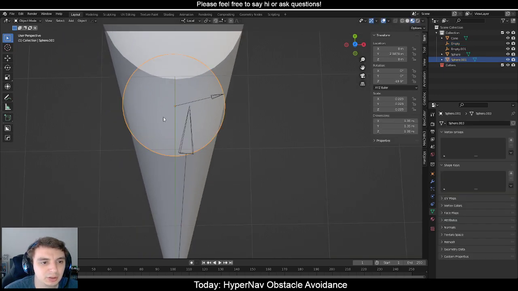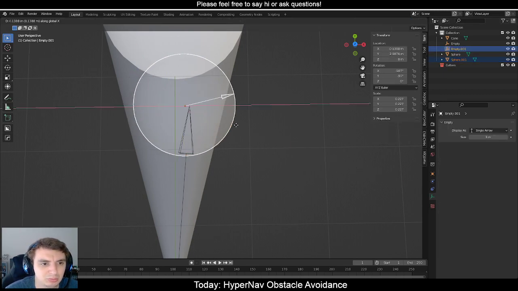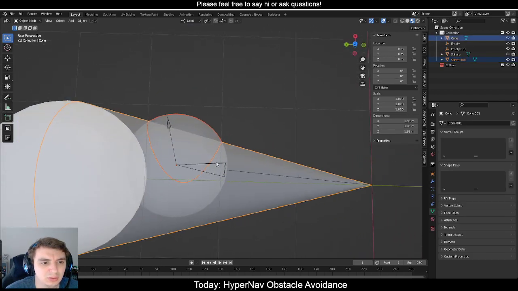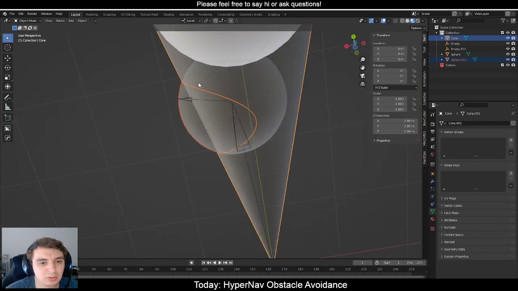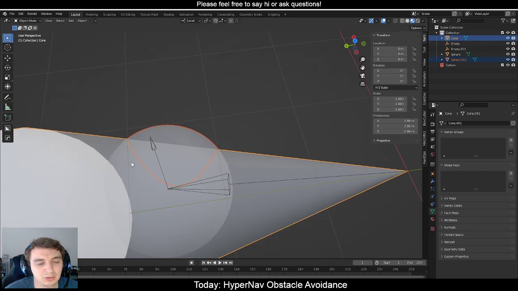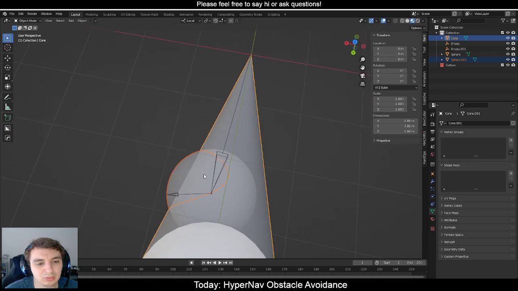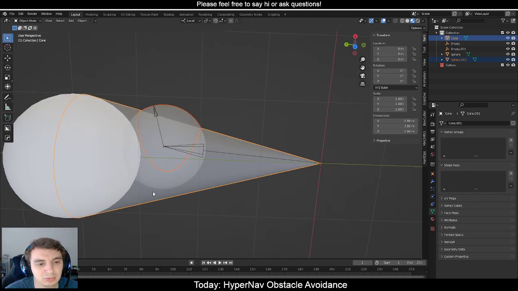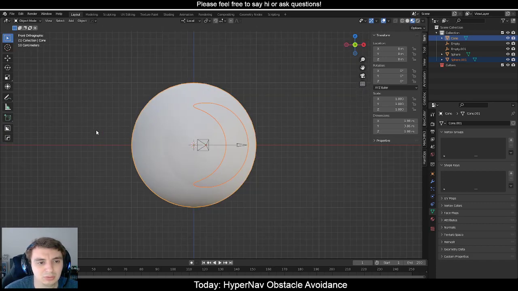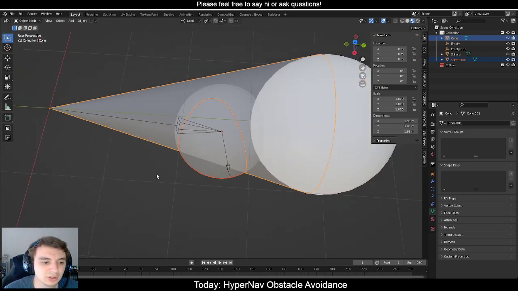Then there's the case where something like this, where that is our ring. And this seems like a lot of different cases to handle.